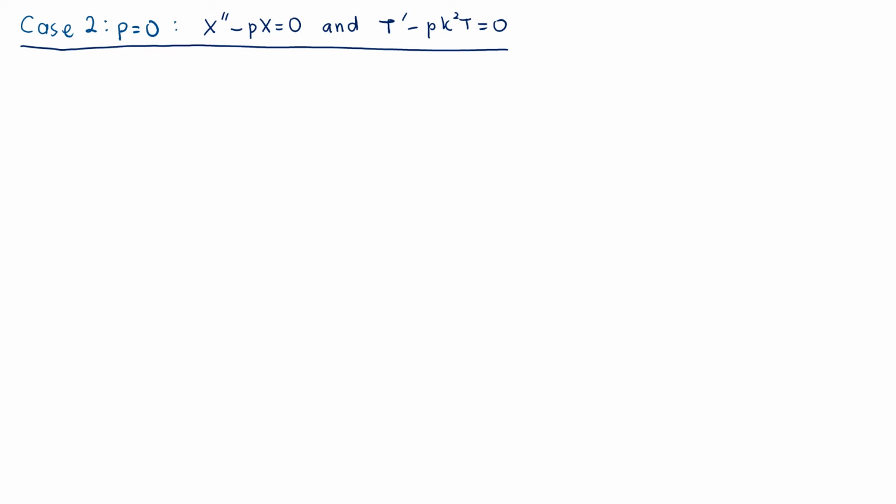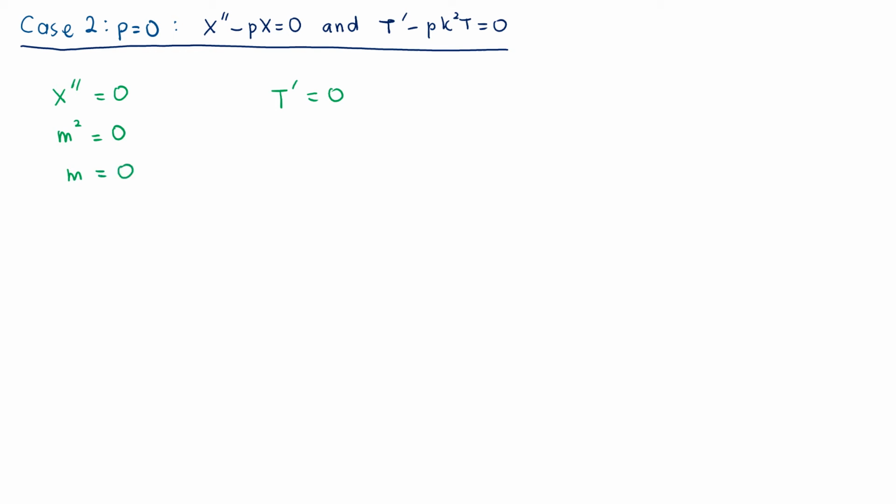Now we proceed with case 2 when p is equal to 0. So when p is equal to 0, we get x double prime equals 0 and t prime is also equal to 0. So this will be m squared equals 0. We know that m will be equal to 0.